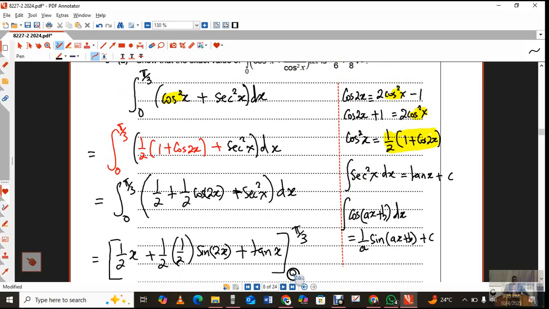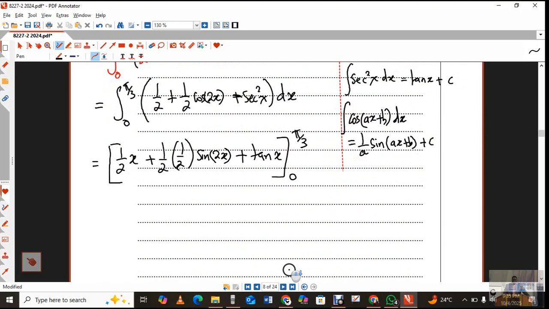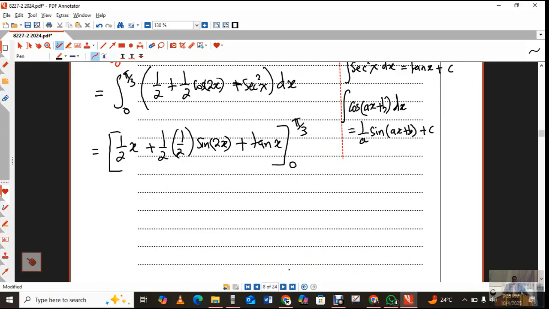Calculator should be in radian mode if you were to find that exact value. Let's clean it up before we put in our limits. And if you do, you get a half of x plus 1/4 of sine 2x plus tan x, and we are going to substitute those limits in.